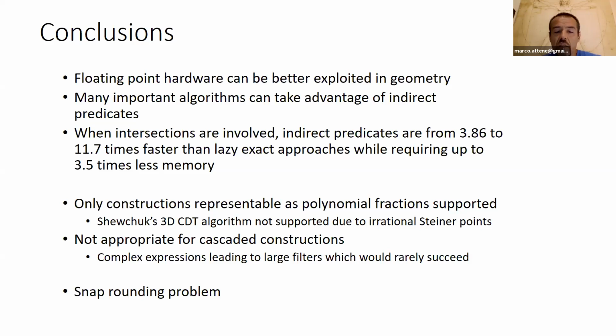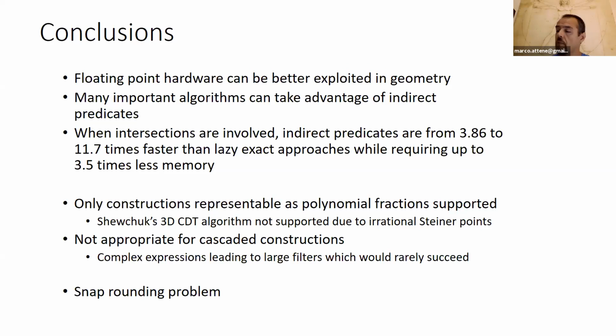There are square roots involved. And it is not even an appropriate approach if many cascaded constructions are required, because in these cases, the expressions would quickly become very complex. And this would lead to large filters, which, well, would not be really useful because they will always fail.